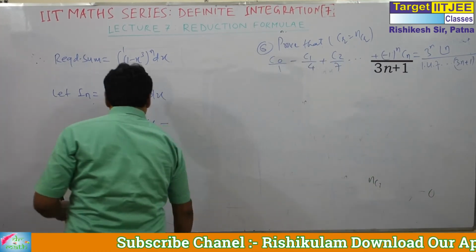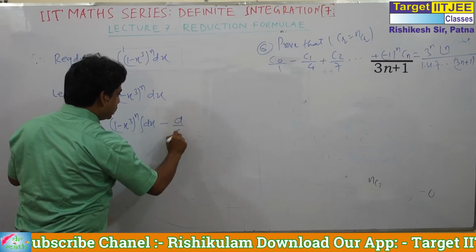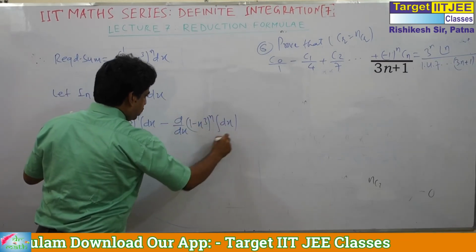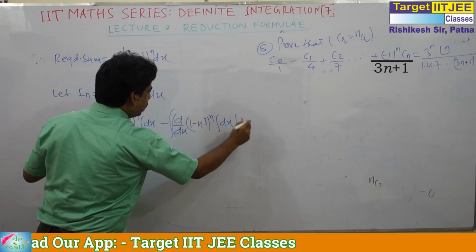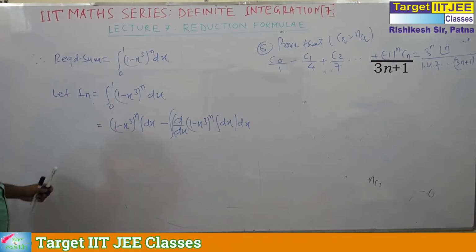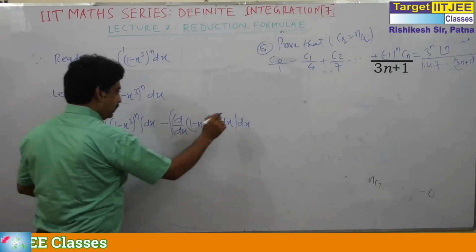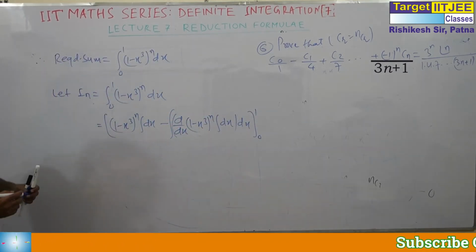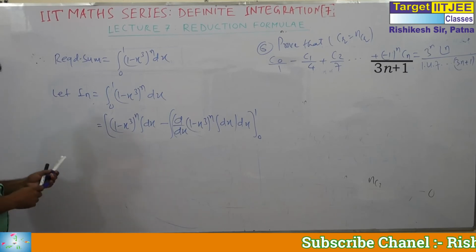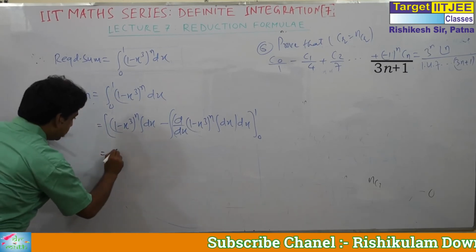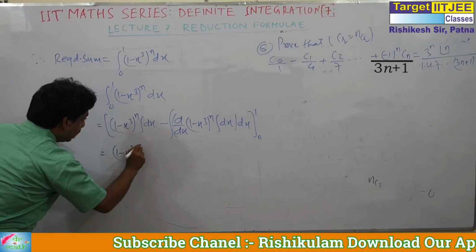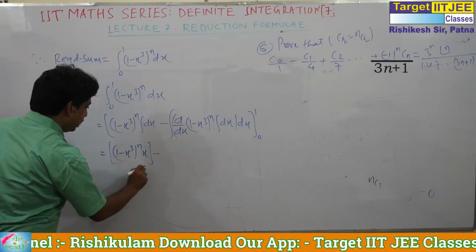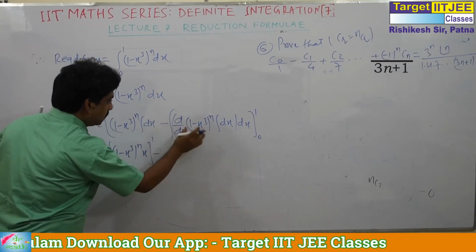This is what? Differentiation of the first function. It is a little bit complicated, so let me write it. Otherwise you can avoid this step. I have been avoiding this step till the previous question, but now I am writing it. Your choice. (1 minus x cube) to the power n into x, this integration is done from 0 to 1, minus, what is this?